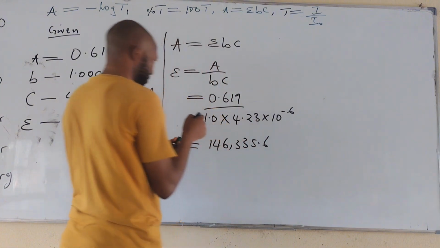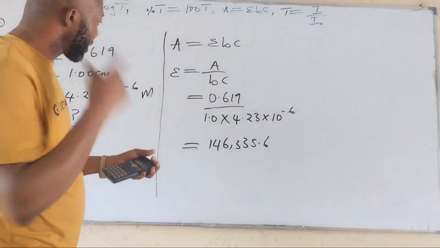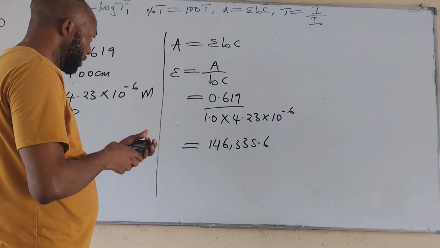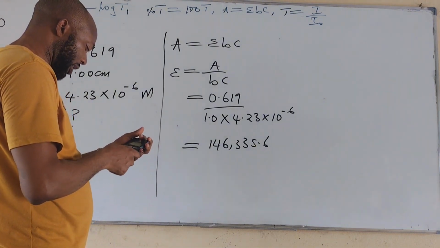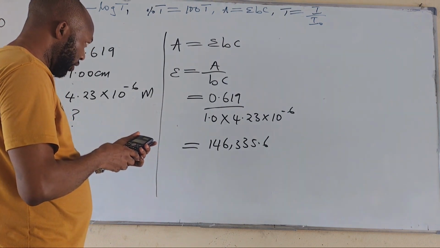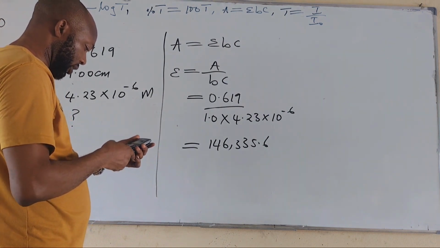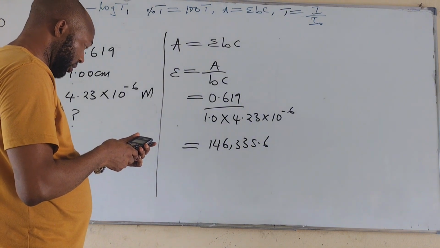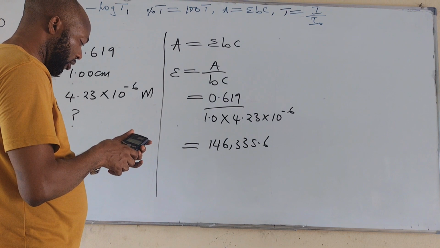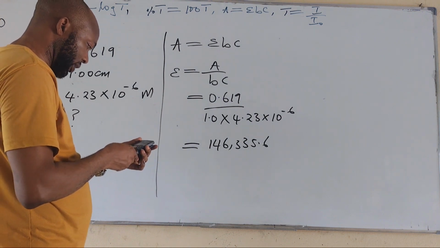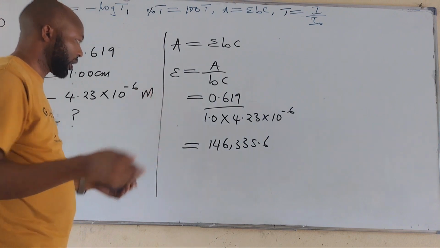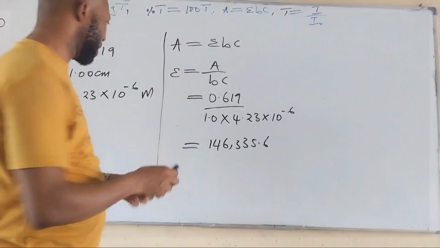Let me check that out again. 0.619 divided by 4.23 times 10 raised to the power of minus 6 is 146,335.6. Okay, that's correct. That's our epsilon.